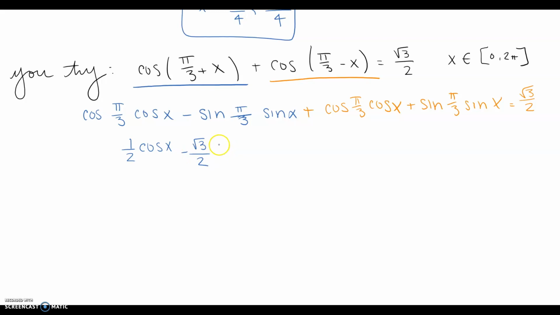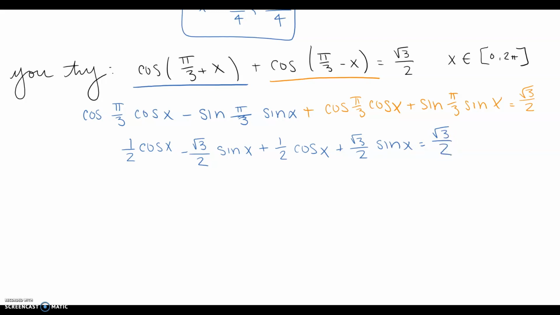Hopefully you guys still remember your unit circle. Plus, now I'm getting to the right side, cosine of pi over 3 is 1/2 times cosine of x. Sine of pi over 3 is root 3 over 2. And then I'm going to bring down my right side, which is root 3 over 2.